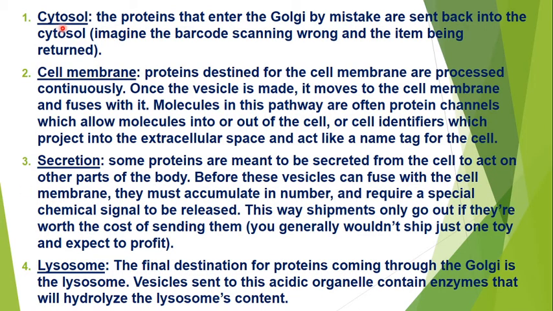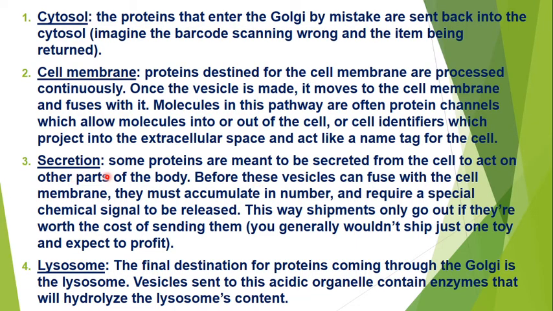And this is about the cytosol. What is cytosol? The proteins that enter the Golgi by mistake are sent back into the cytosol. Just imagine a barcode being scanned wrong and the item being returned. It's like that. Then comes the cell membrane. What does the cell membrane do? It is given here.